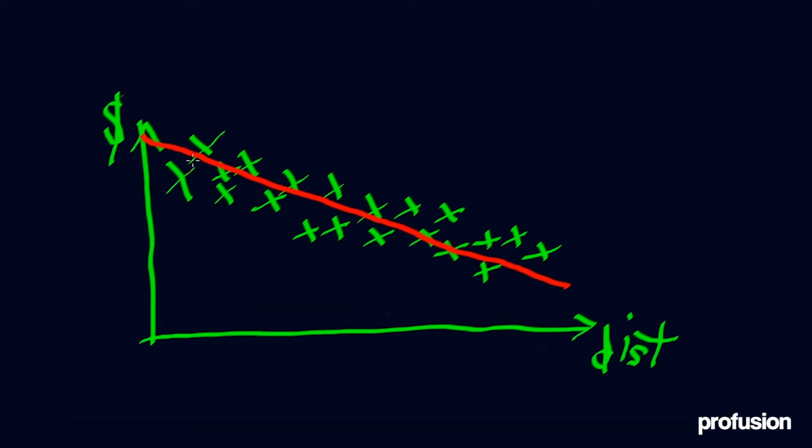So if you're way over here, very close to the beach, then you can see your expected house price will be pretty high. It will be somewhere in this region.